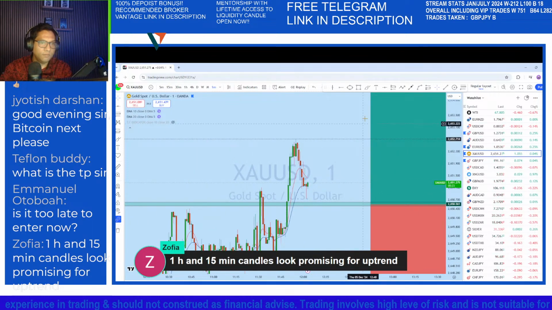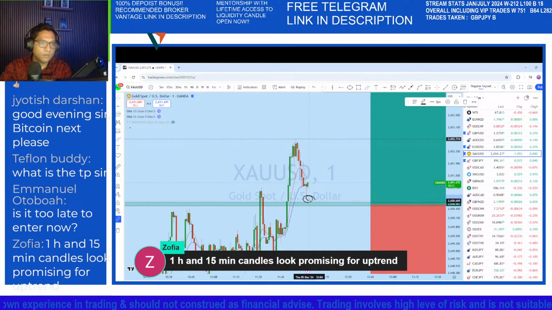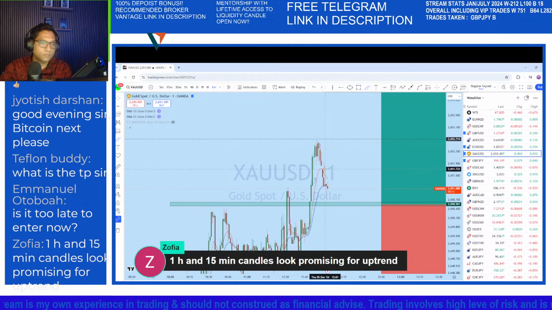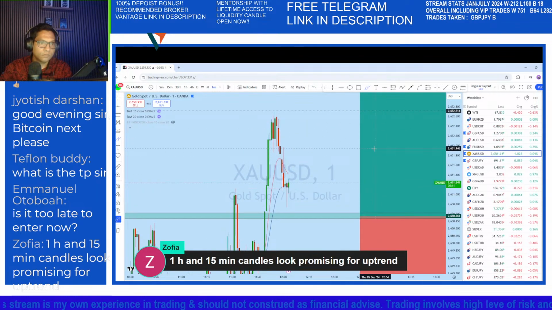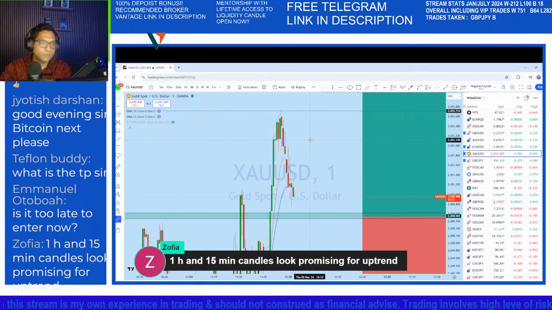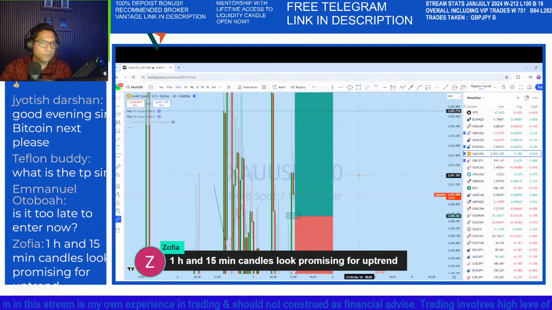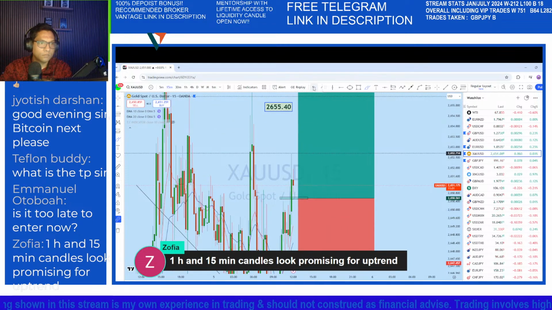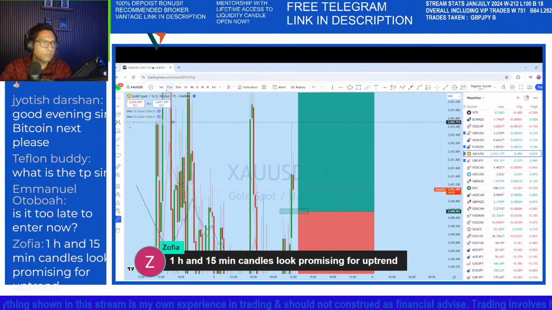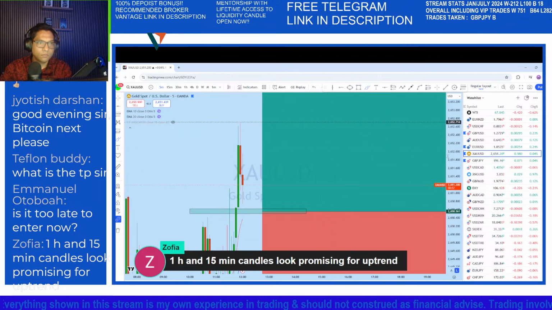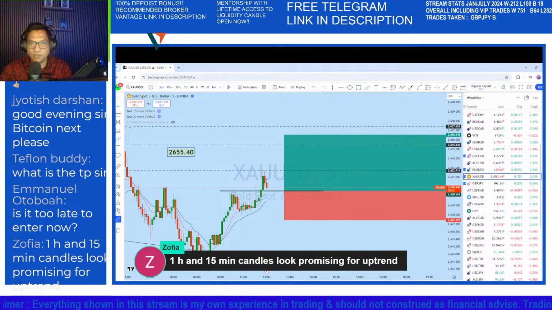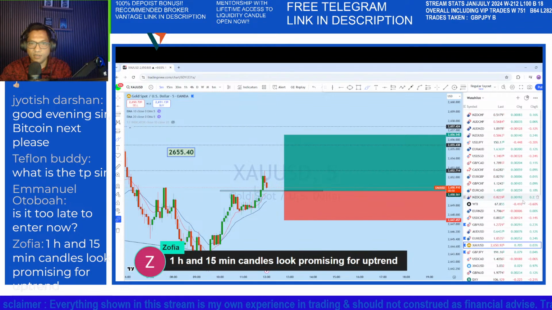Okay, so with the doji, want to see the trend here is to bounce to the upside.